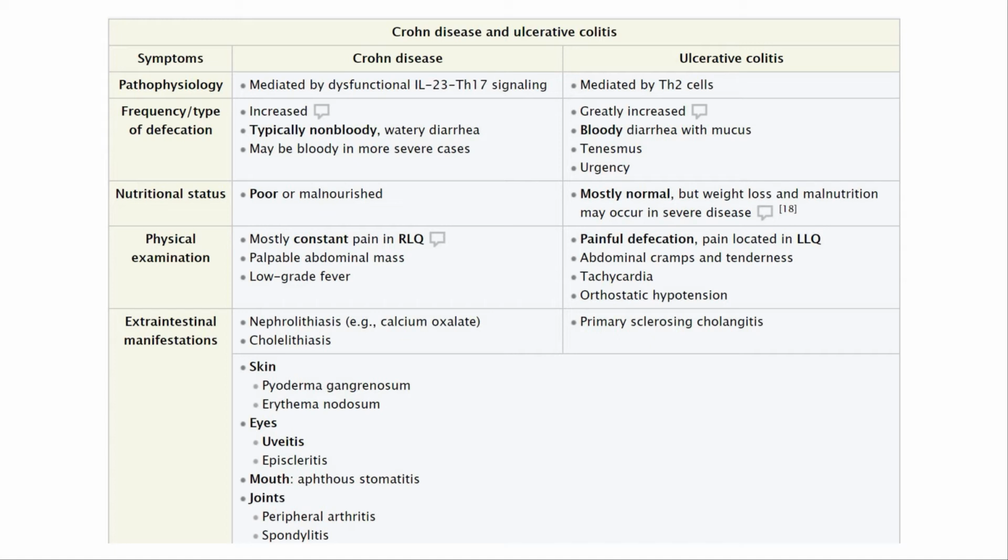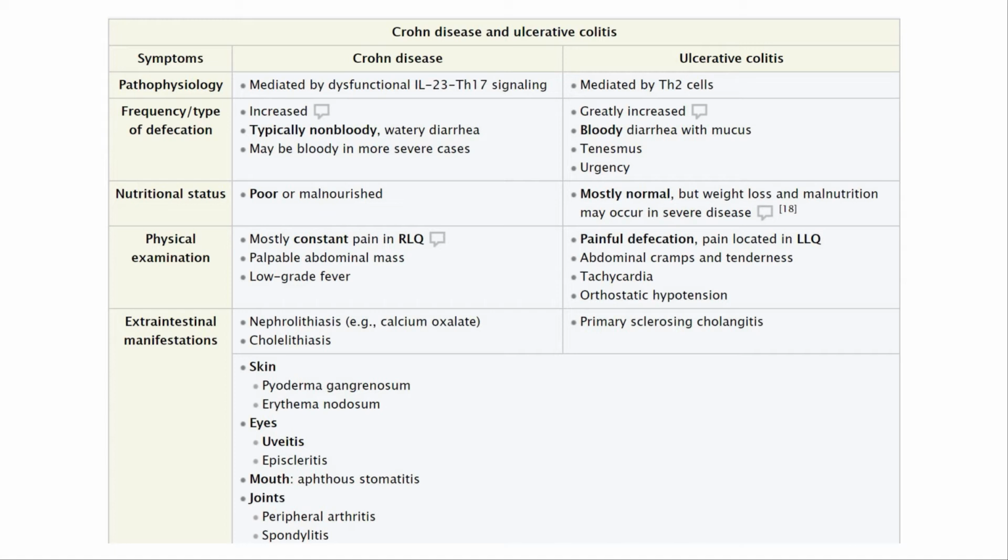In terms of nutrition, because Crohn's affects the small intestine where you do most of your nutrient absorption, you'll be malnourished. Whereas in ulcerative colitis, you barely absorb anything through that lower distal portion of the large intestine, so it's very rare that you would have malnutrition.